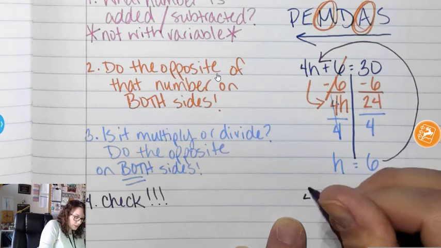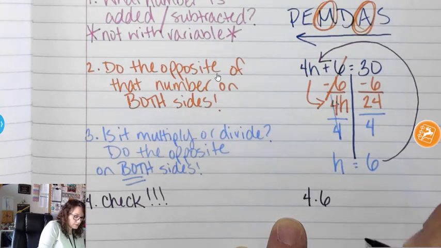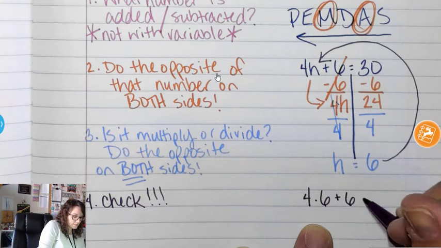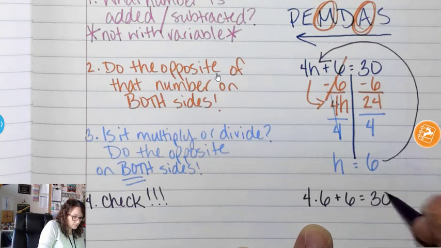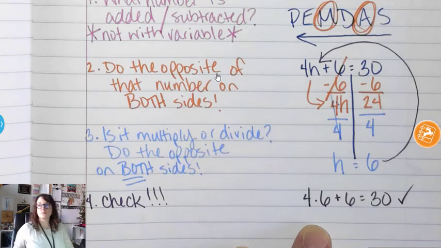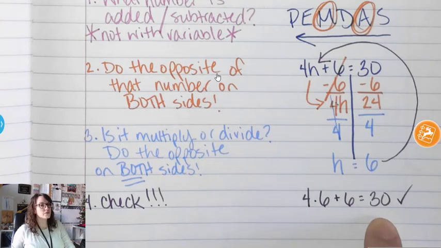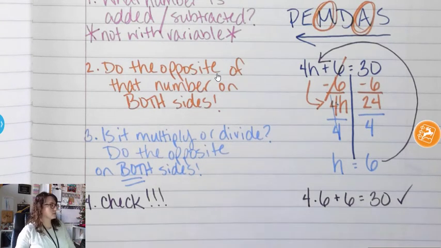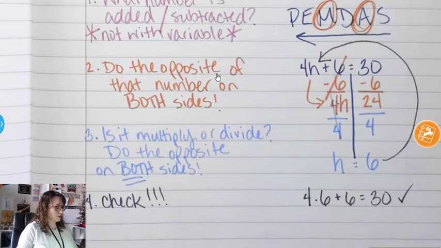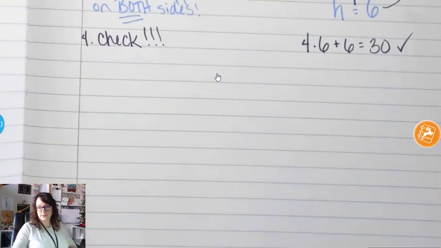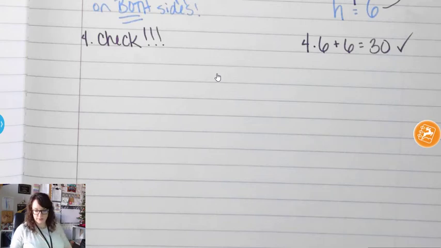So what is 4 times 6? 24. What's 24 plus 6? 30. So it works. If you get a number that's not this number, your answer's wrong. So go back and check it. You did something wrong.